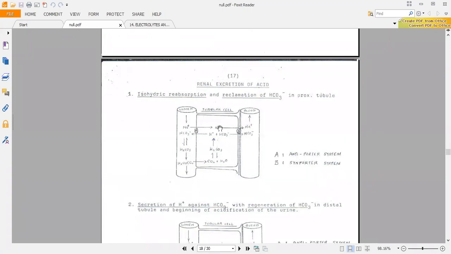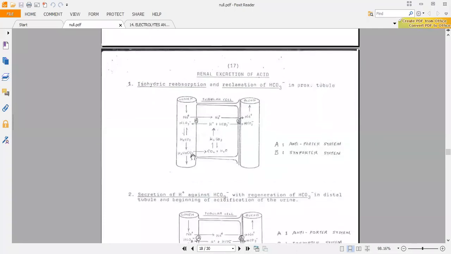This is the lumen, and this is the cell of the proximal convoluted tubule, the tubular cells, and here is the blood. So your urine is filtering a lot of stuff, including the H plus ions, and also including the bicarbonate ion.